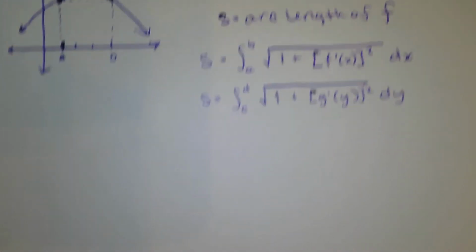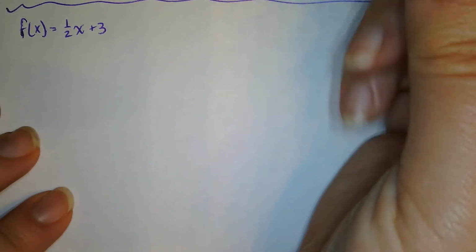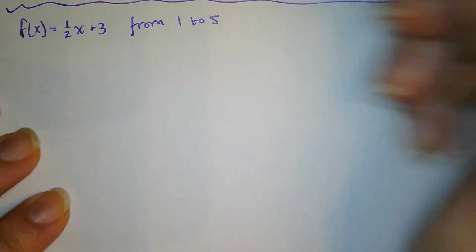All right, so I'm going to do a really pretty simple one. Let's do f of x equals 1/2 x plus 3. The plus doesn't even matter. But anyway, 1/2 x plus 3 from 1 to 5.